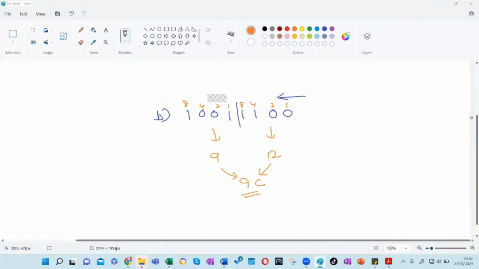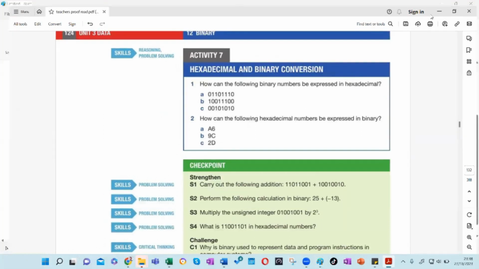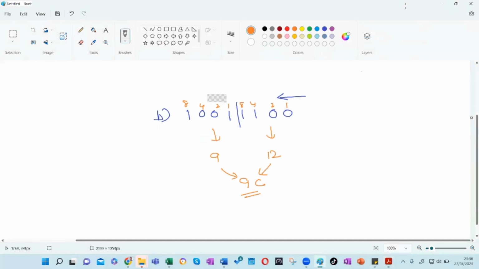And lastly, we'll take 2D, to be converted into binary. So what is D? If C is 12, D is 13, right? D is 13, 2 is there.